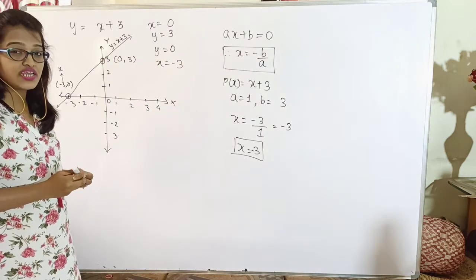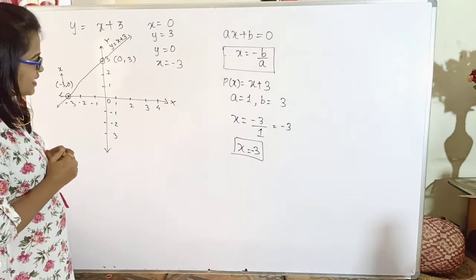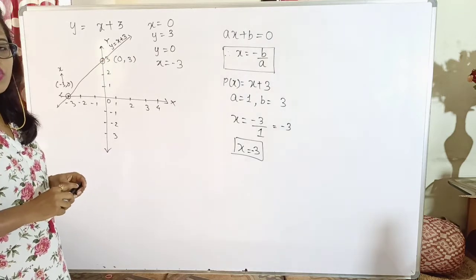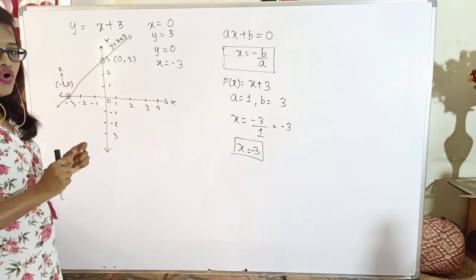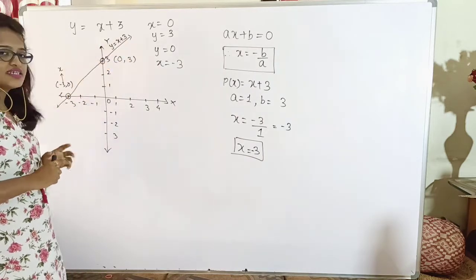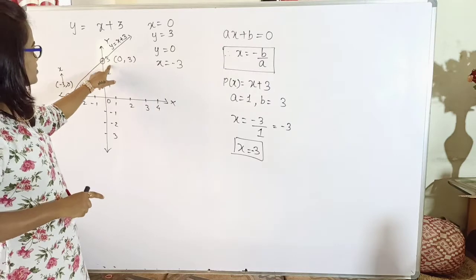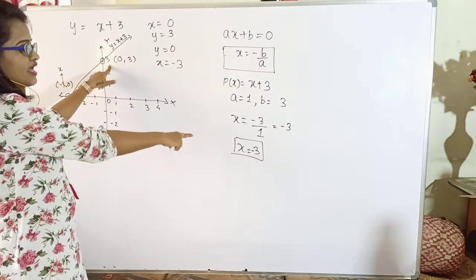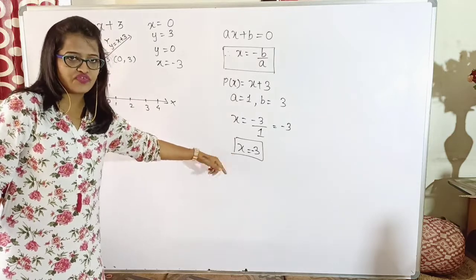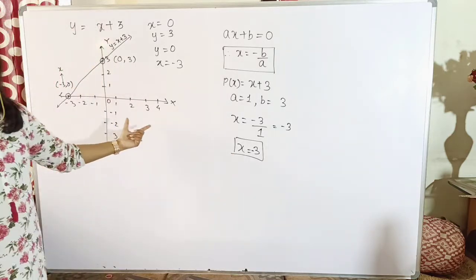So what can you say from this? Can I say that the zero of a linear polynomial is the point on the x-axis where the line intersects the x-axis? Because that is not the case with the y-axis. As you can see, I have got only one value, minus 3, because you are dealing with the value of x. So definitely you will be considering the values present on x.